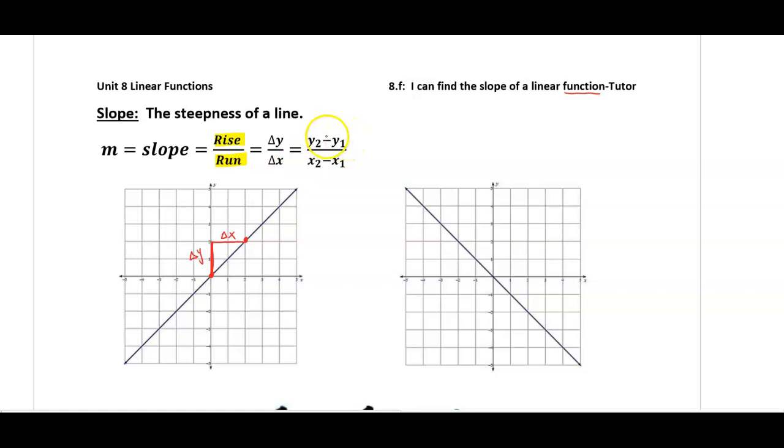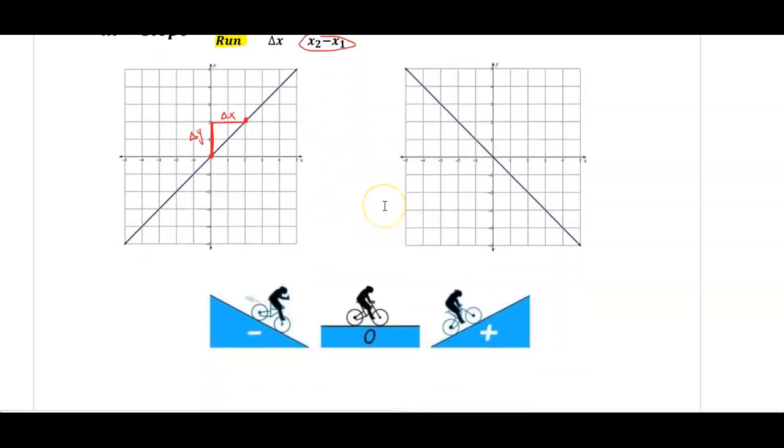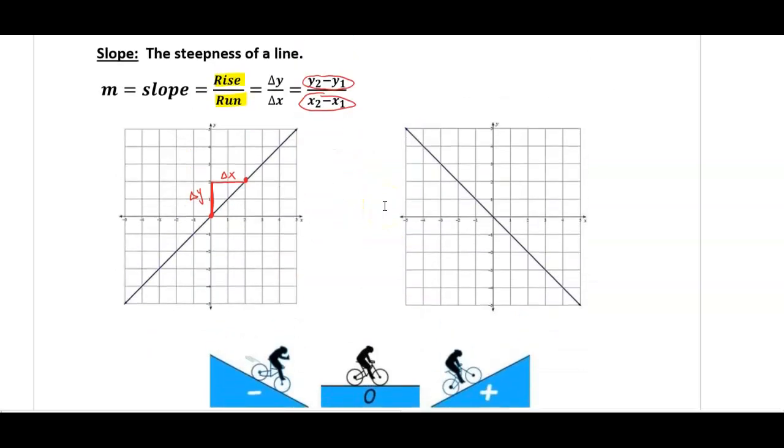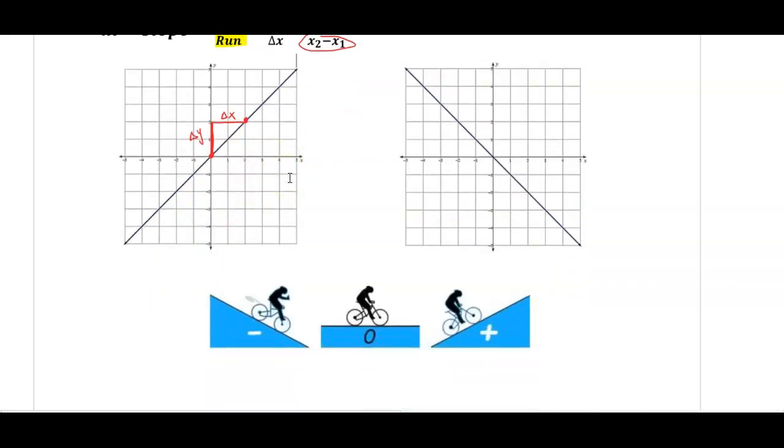And to find the change in y, we basically subtract the y values, and we subtract the x values on the bottom. Now, the one thing you need to know is, if you look in the diagram below, when you are going uphill, that tells you your slope is positive.